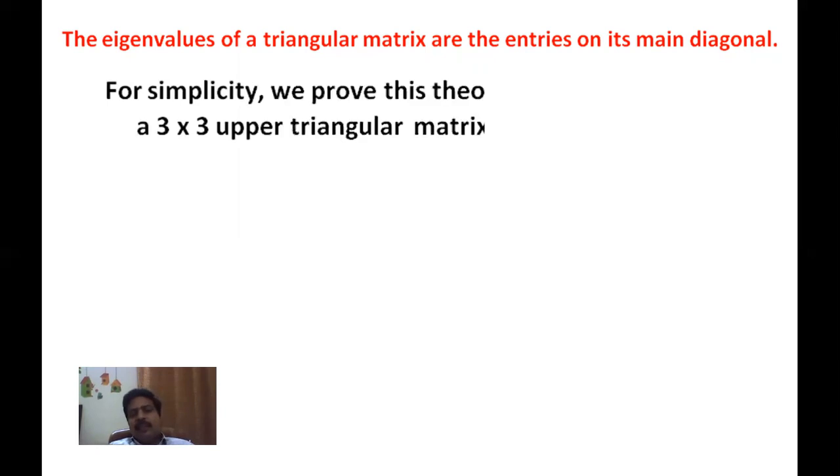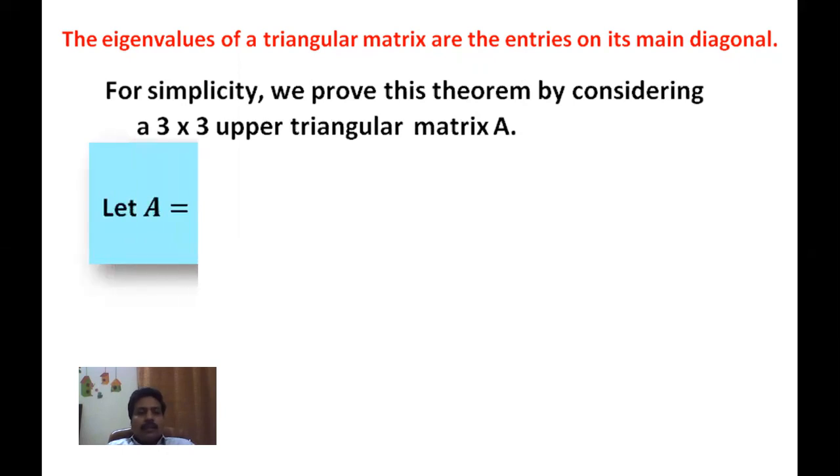For simplicity, we prove this theorem by considering a 3 by 3 upper triangular matrix. Similarly, we can do it for a lower triangular matrix, and we can extend this concept to any higher order matrix.